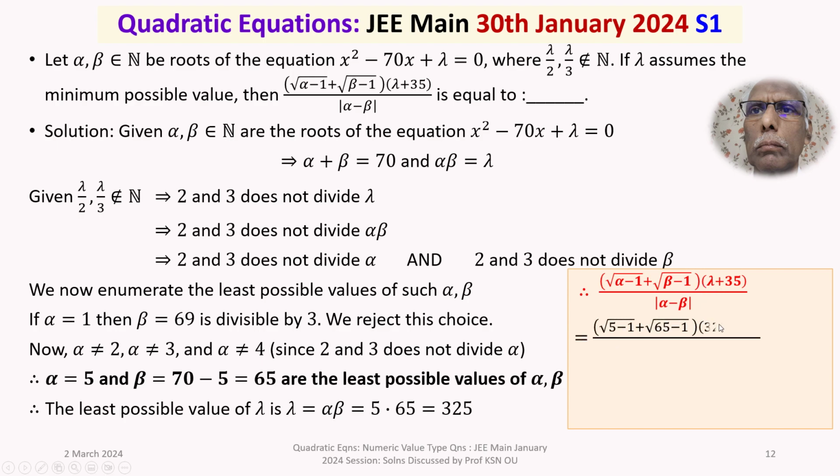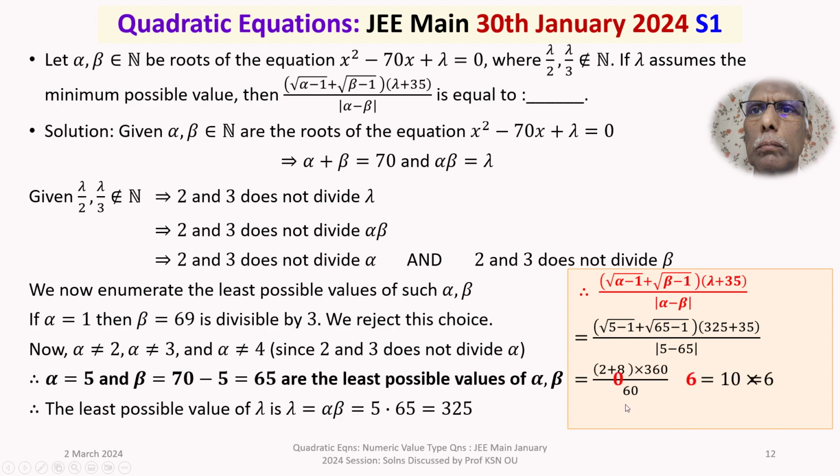So this is the substitution we have made. Under the square root, 5 − 1 is √4, that is 2, and 65 − 1 is √64, that is 8. This is 2 + 8. 325 + 35 is 360. And the modulus of 5 − 65, |−60|, that is 60.